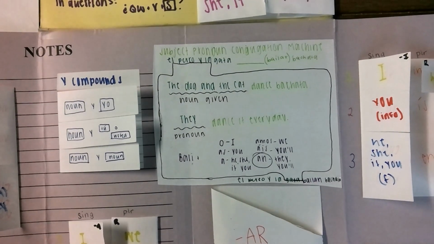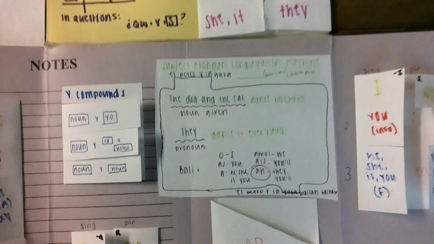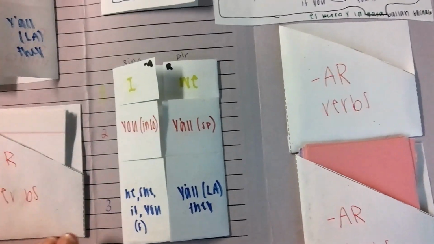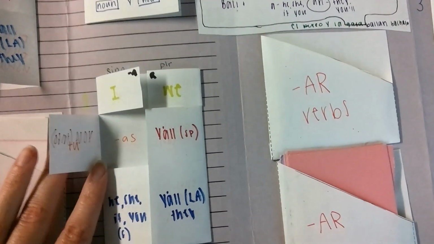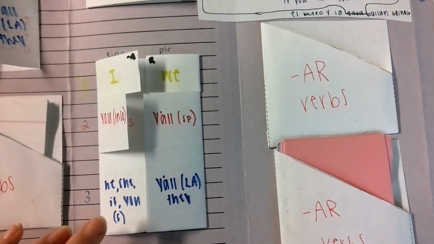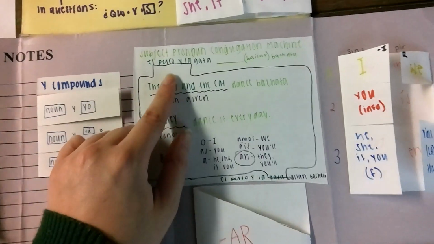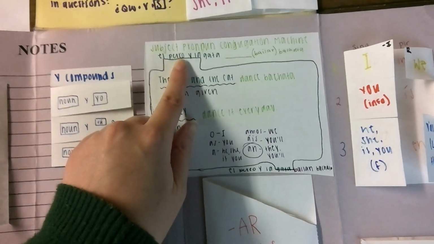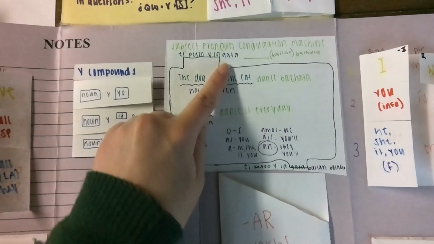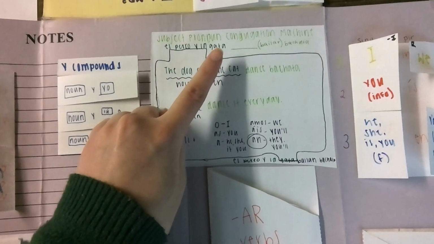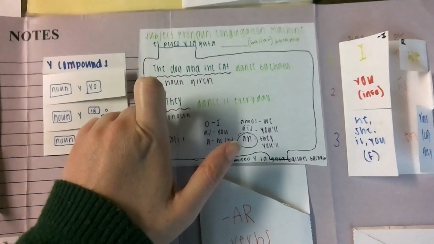So what we do is we need to get to the subject pronoun in order to find the ending, because as we see here, we have a subject pronoun. Like if our subject pronoun is you, I would choose that ending. If it's he, I would choose this. But oftentimes the sentence that we're starting with doesn't have a pronoun, it just has a noun, a specific noun, the dog and the cat. So we need to figure out what pronoun we would use for the dog and the cat in order to choose what ending.